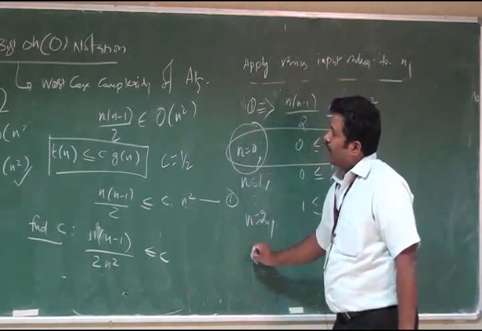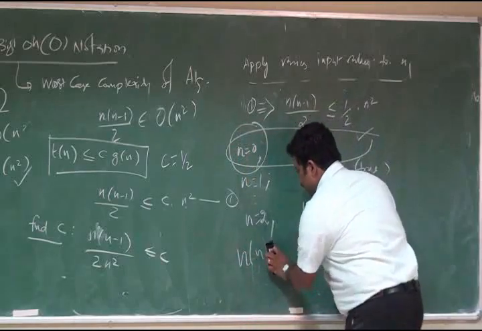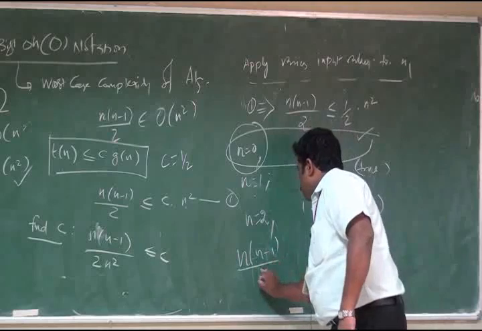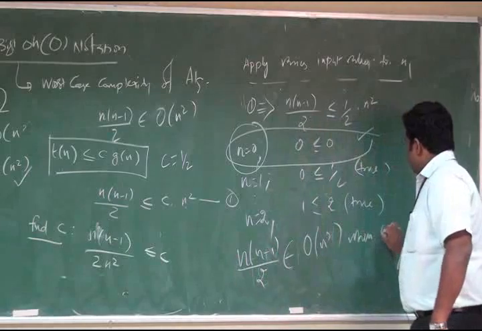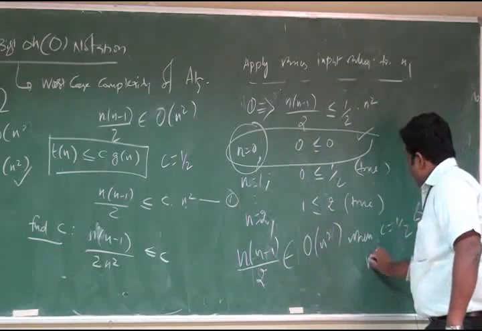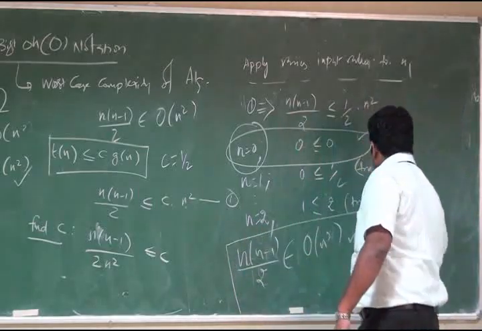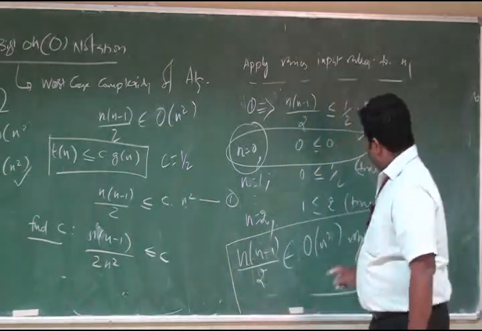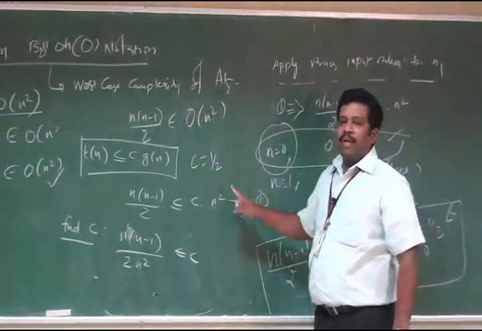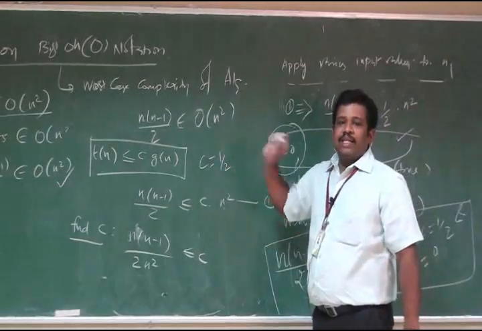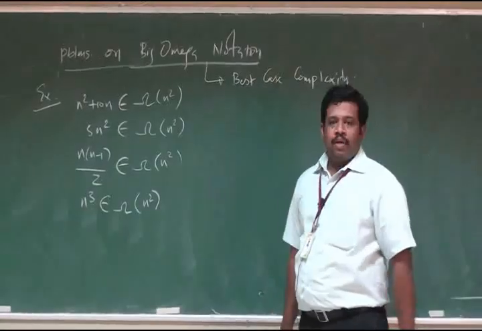Therefore the given expression n into n minus 1 by 2 falls into big O of n square when C is equivalent to half and n naught is equivalent to 0. So the given expression leads to worst case complexity when C is equivalent to half and n naught equivalent to 0. These could be the possible examples for measuring the worst case complexity of an algorithm.